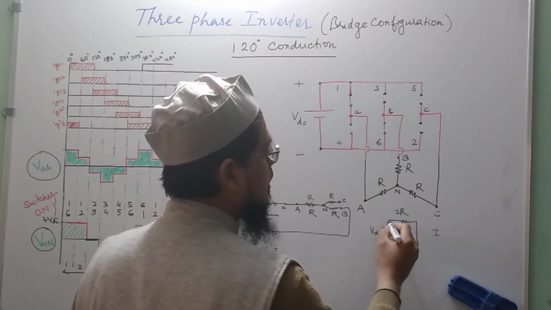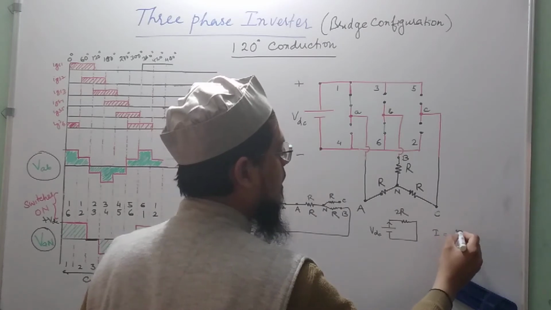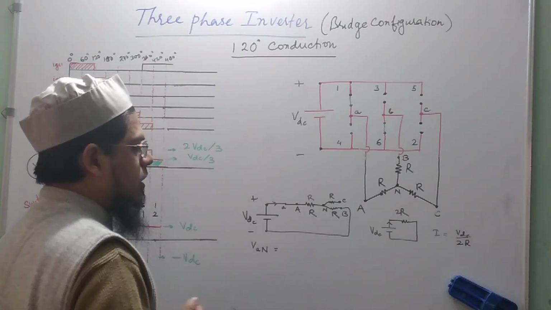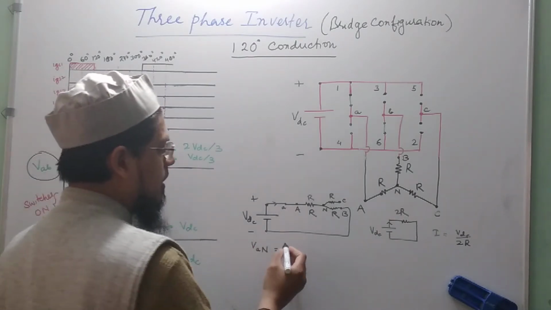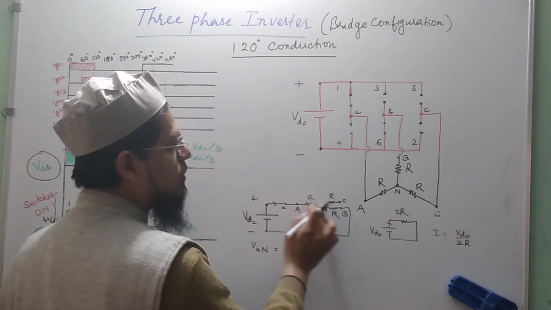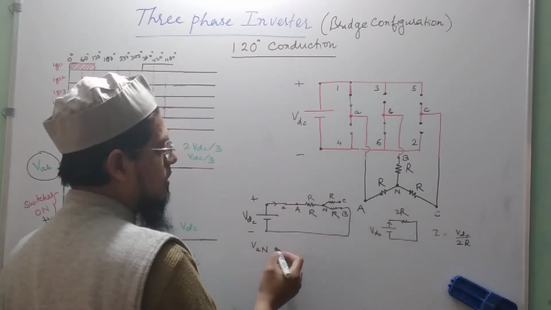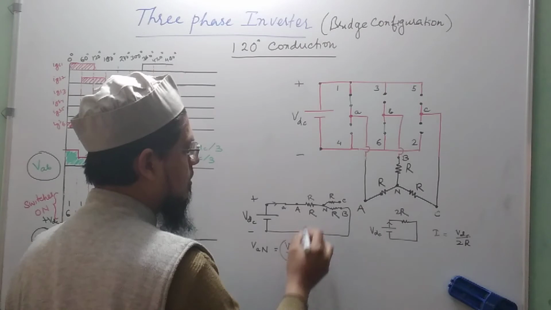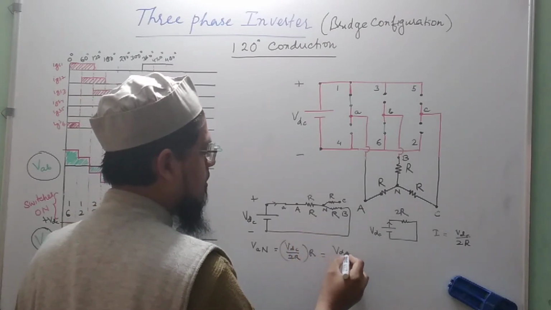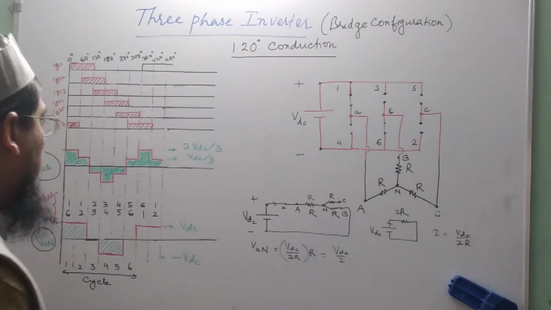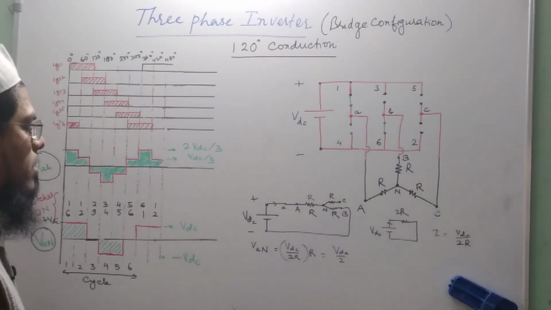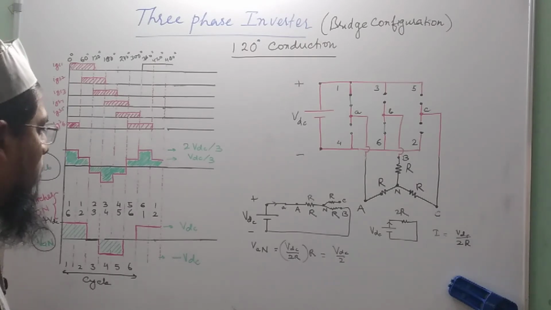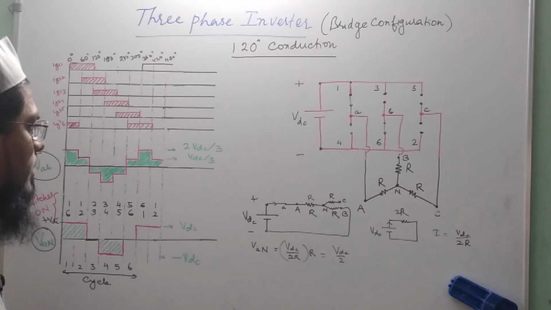The current flowing here would be given by VDC upon 2R. So, VAN would be given by the current flowing through this resistor R, that is VDC by 2R times the resistance R. So that means VAN is VDC by 2.